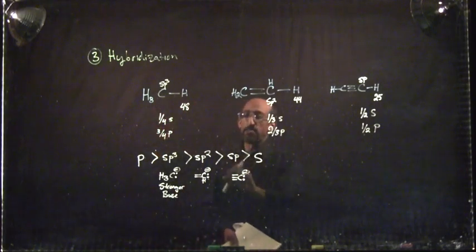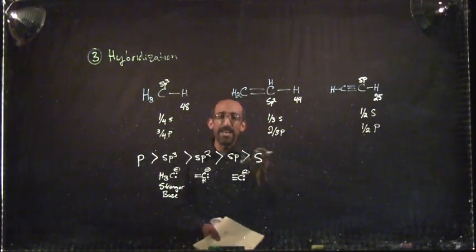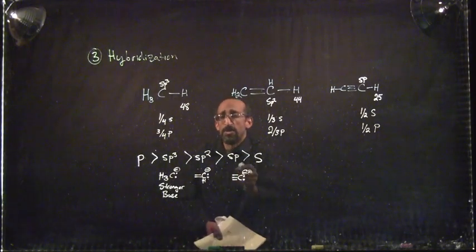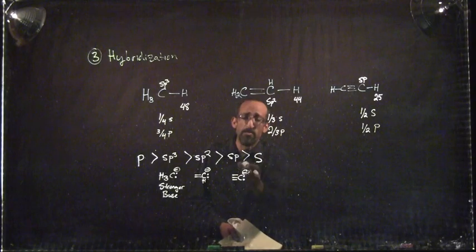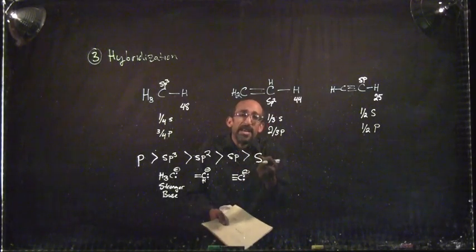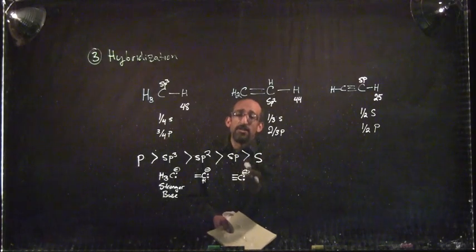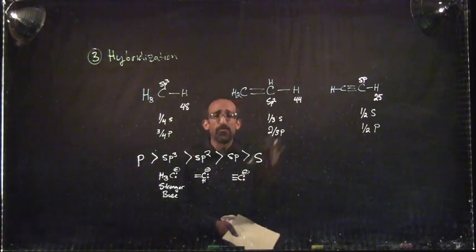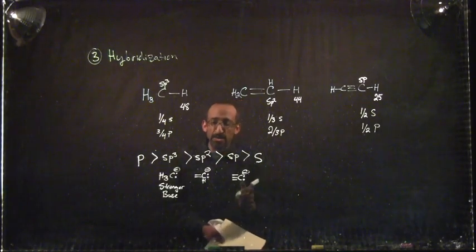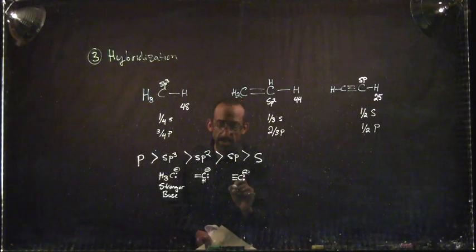If we look at our sp example, because that sp orbital is small, it's holding those electrons closer to the carbon nucleus in our deprotonated alkyne. They're a lot closer, and so these electrons aren't as free to reach out and make a new bond to a hydrogen atom. That's going to make this a weaker base.